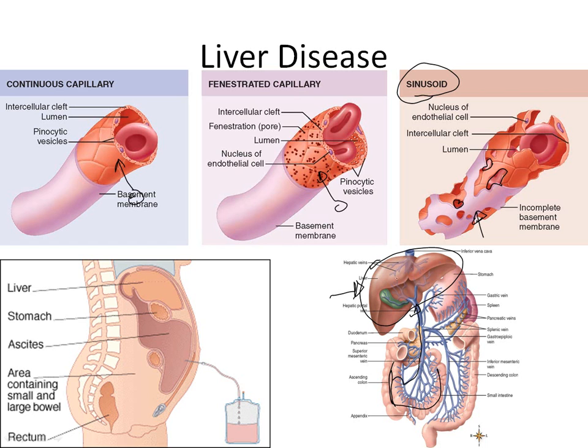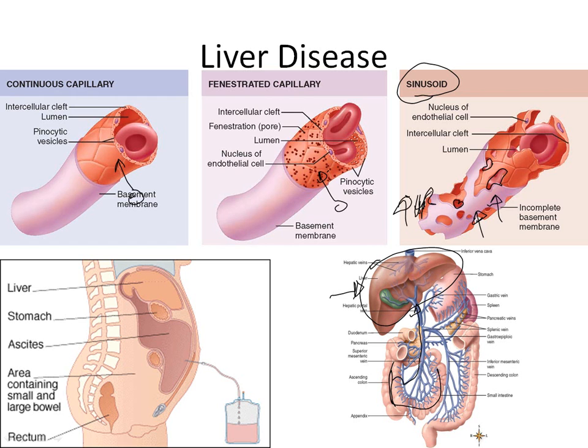If we have a backup of fluid in the liver itself, or we have a congestion through the liver because of some kind of liver disease, what happens is albumin that gets into the capillaries might not be able to stay in the capillaries because of the increase in the hydrostatic pressure.